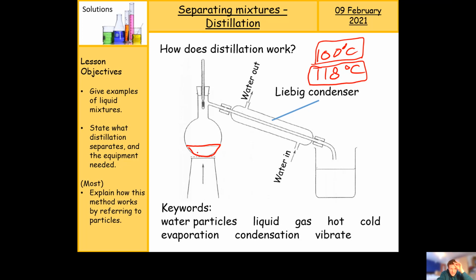That means the ink will stay here as a liquid in the bottom of our flask, whereas we'll still get the evaporation of our water and we'll still be able to collect it. So we can use this trick with different liquids as well if their boiling points are different.